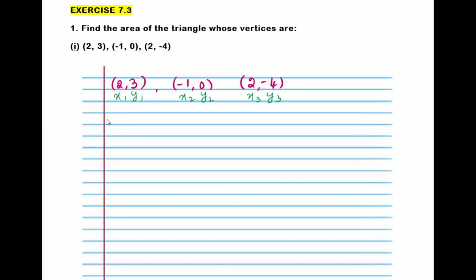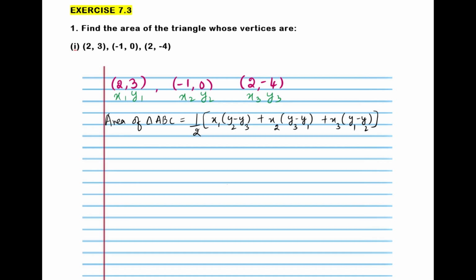Now, what is the area of triangle? Area of triangle ABC equals half into x y minus y plus x y minus y plus x y minus y. Now I'll name it as 1, 2, 3, next 2, 3, 1, next 3, 1, 2.